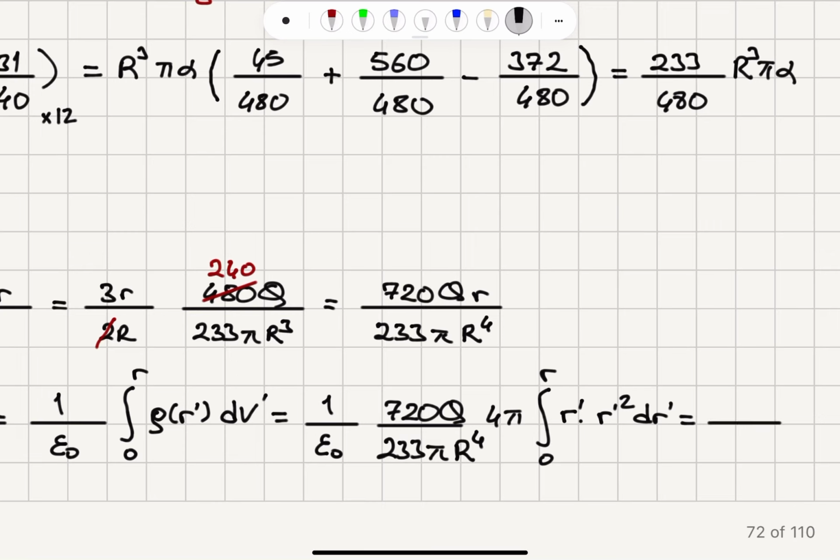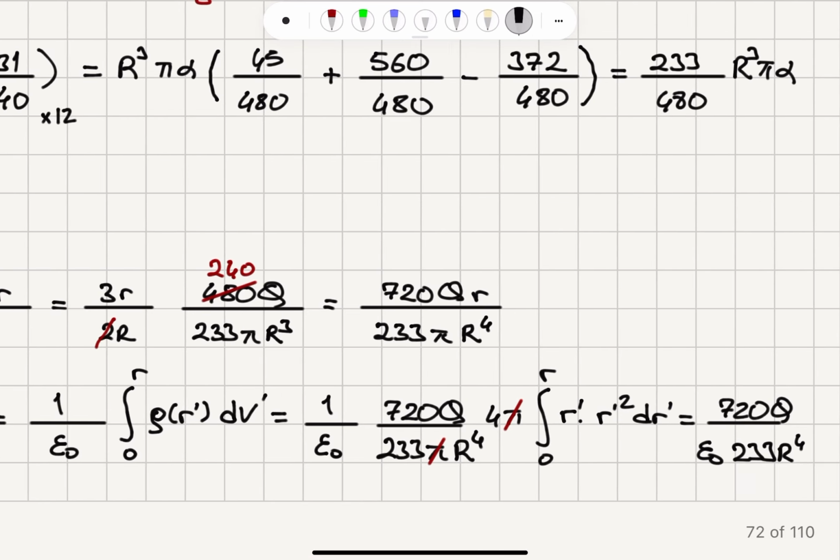Okay, so this is going to give us 720 capital Q, divided by epsilon 0, 33 pi. Pi is already cancelled here, so this pi gets rid of this pi, and we no longer have a pi at the bottom. Capital R to the fourth power.